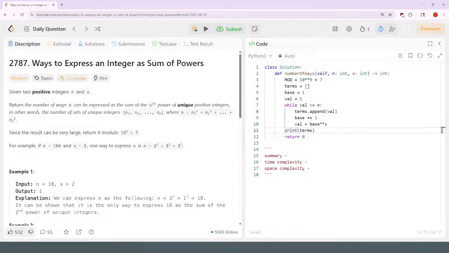Okay, so the number of ways I can sum up to n seems like it might be recursion or maybe dynamic programming. The number of ways I can sum up to n using this array of terms would be the number of ways I can sum up to n minus a term if I go down one index within the array.